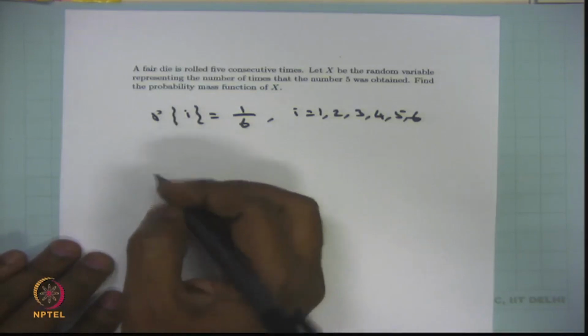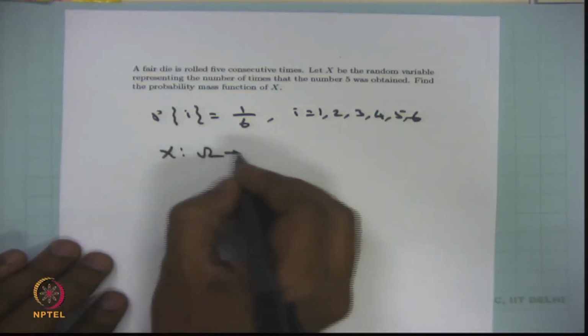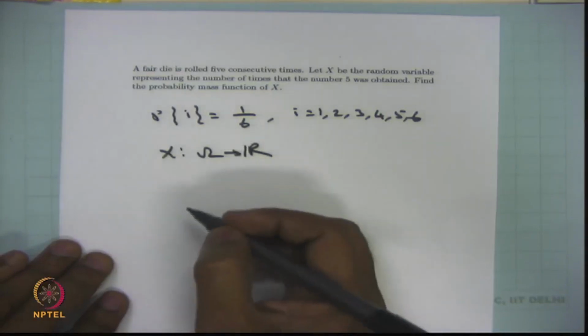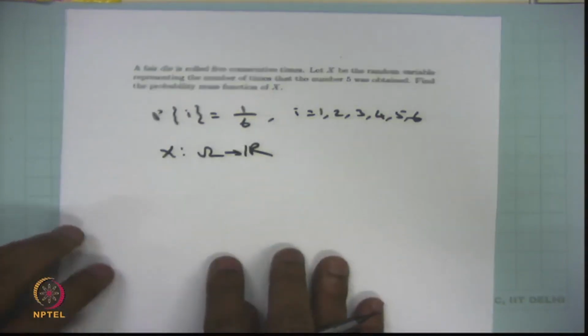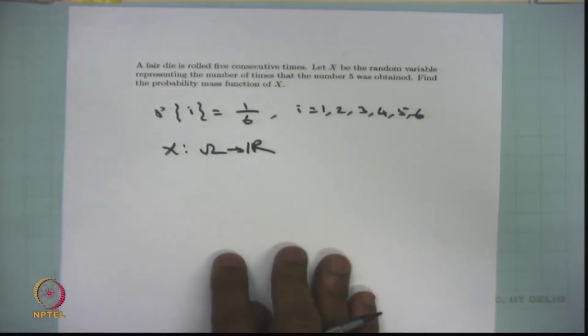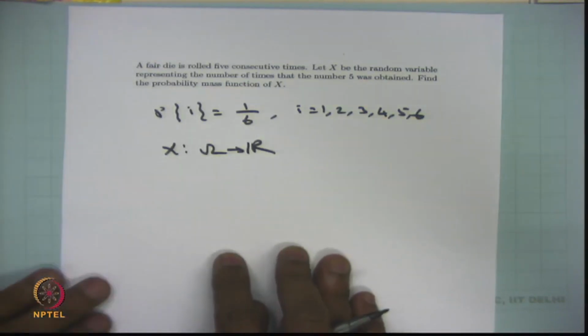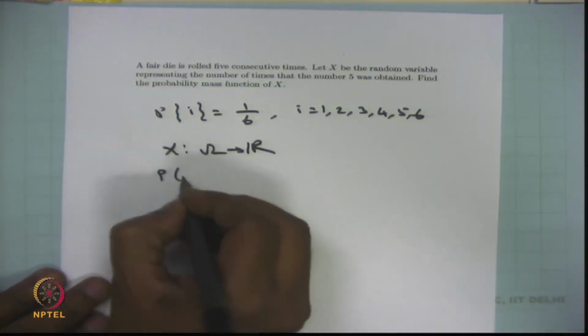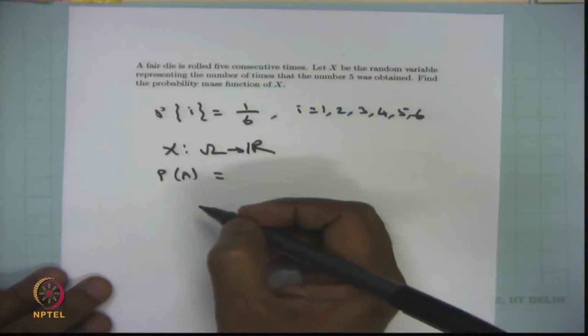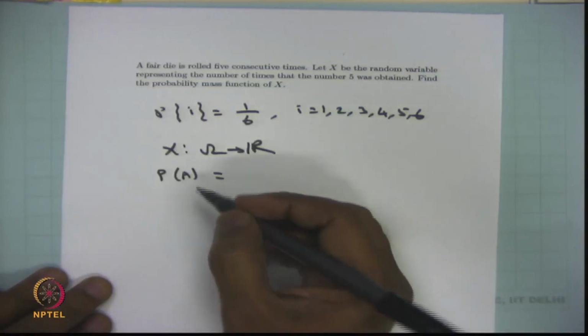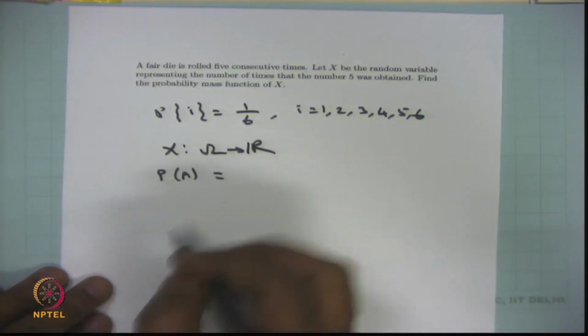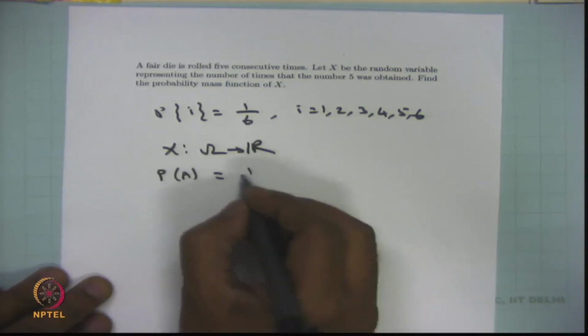Now the random variable X is defined from omega to R, where omega is the collection of all possible outcomes of this random experiment, that is, a fair die rolled 5 consecutive times. Let X be the random variable representing the number of times the number 5 was obtained. So you can make an event A, that the number 5 is obtained.